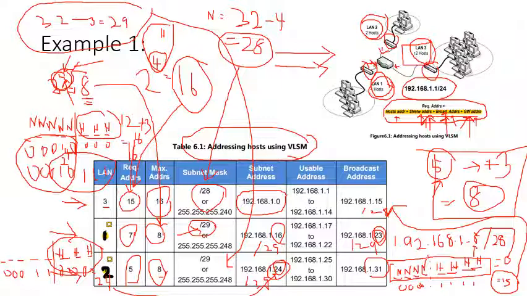Okay, so if you want to identify the broadcast, the last address, so 0, 0, 0, 1, 1, host all 1. So this becomes 31. So if you convert this in decimal, the answer is 31/29.